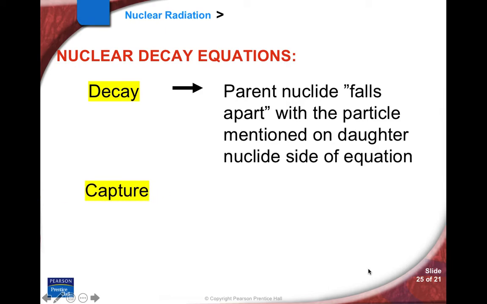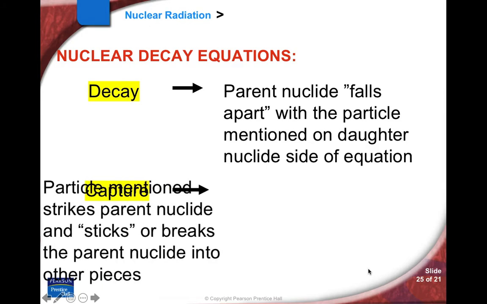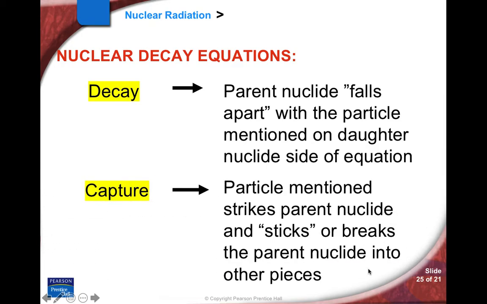Another thing that can happen is capture. So a particle can be captured by the parent nuclide. So the particle, like positron or beta capture or whatever, the parent nuclide captures, has this particle stick to it, and then usually it breaks into other pieces as well.